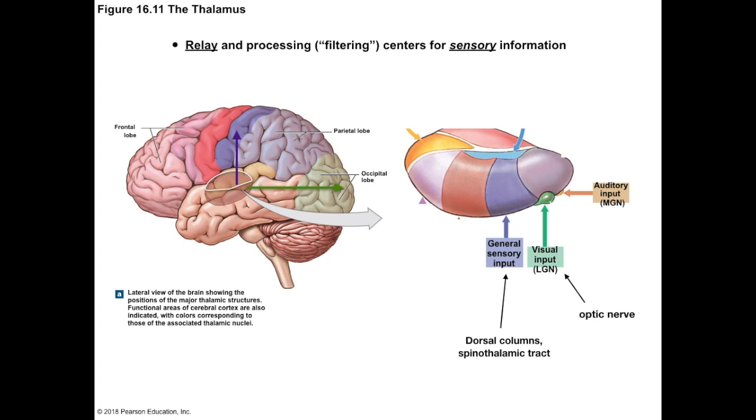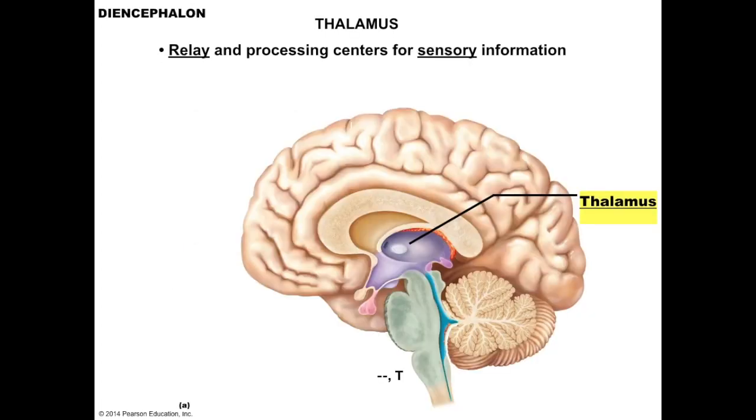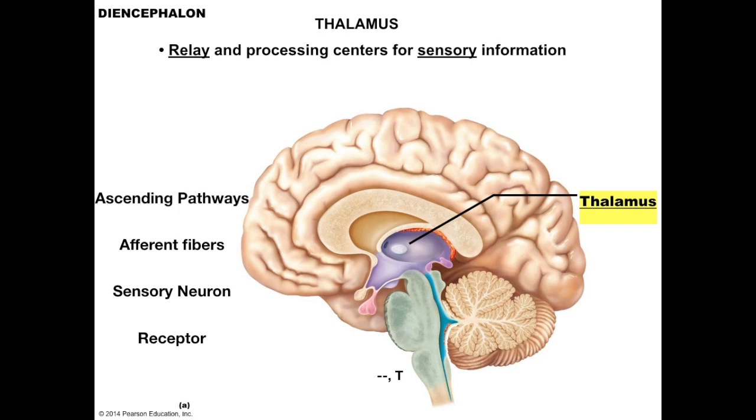So those thalamic nuclei are organized in such a way that they can amplify or tone down the signals headed for the cerebral cortex. So the thalamus therefore plays an important role in what you are conscious of and paying attention to at any given moment. So in thinking of the sensory pathway, you can include the thalamus in the pathway, and next lecture we'll talk about those sensory cortices that receive that information.